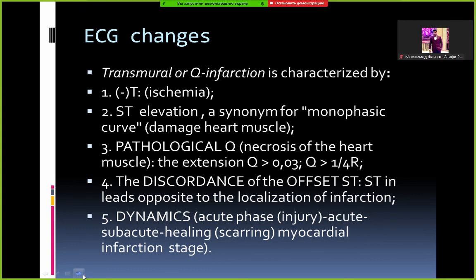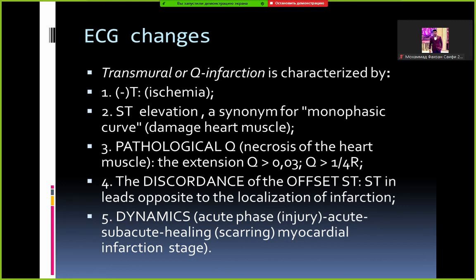So we will discuss transmural or Q wave infarction. This infarction is characterized by negative T, which reflects the zone of ischemia, ST elevation and development of a monophasic curve, which reflects the injury of heart muscle.